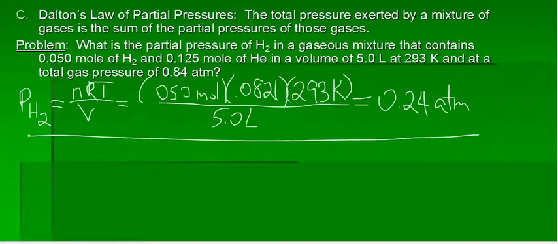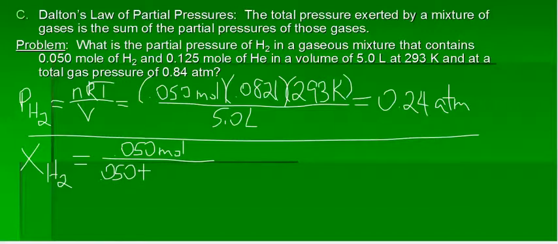Now there's a second way to solve this problem by using mole fractions. I can find the mole fraction of hydrogen by taking the moles of hydrogen, which is 0.05, divided by the total number of moles, which is, there's only two gases, 0.05 plus 0.125. Now the mole fraction doesn't have any units, it's just a number, it's basically a percentage, but it's going to be 0.29. So hydrogen occupies 29% of this mixture of gases, basically.